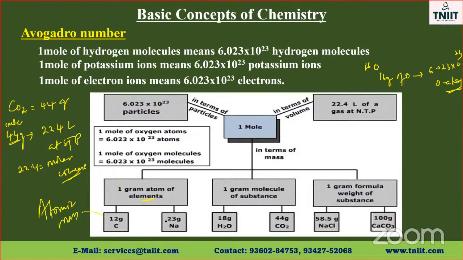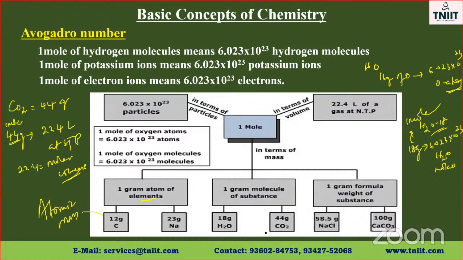So 23 grams of sodium also corresponds to 1 mole. If we are talking about a molecule, water is a molecule. The molecular mass of water is 18. 18 grams of water contains 6.023 × 10^23 water molecules. Therefore, 18 grams of water is called 1 mole.